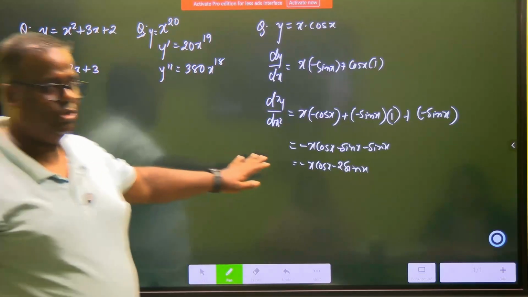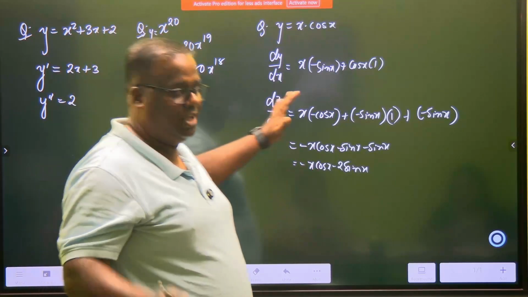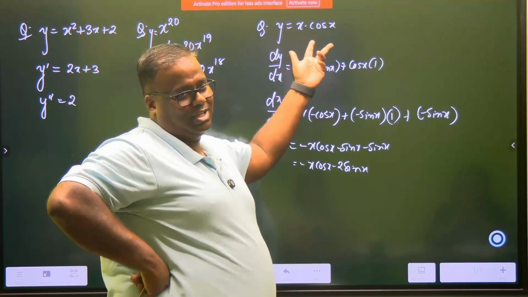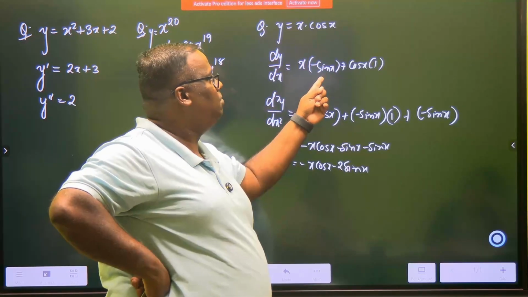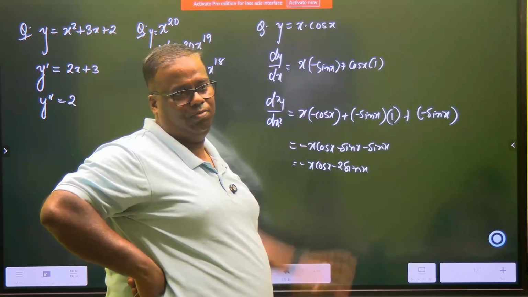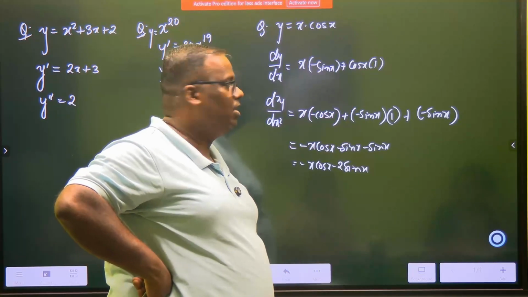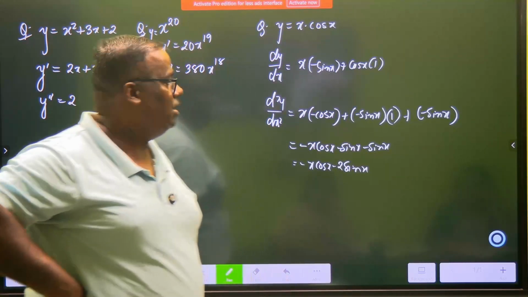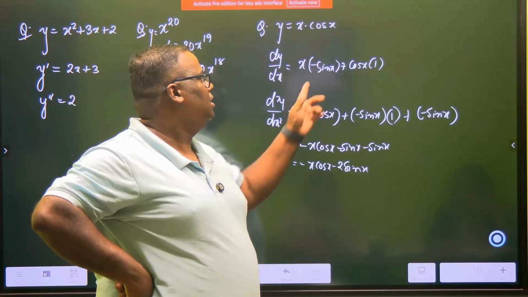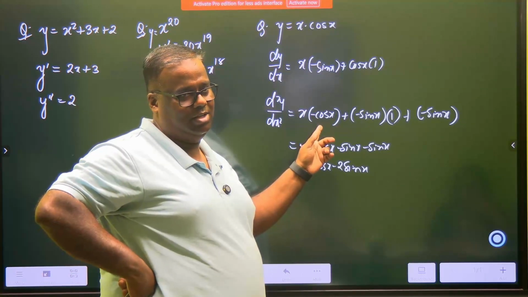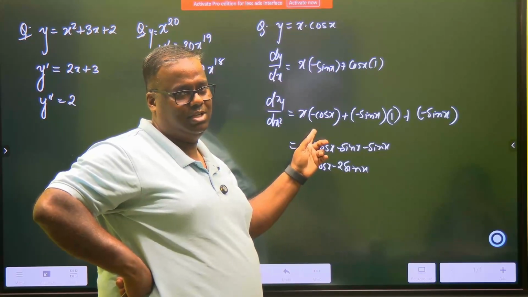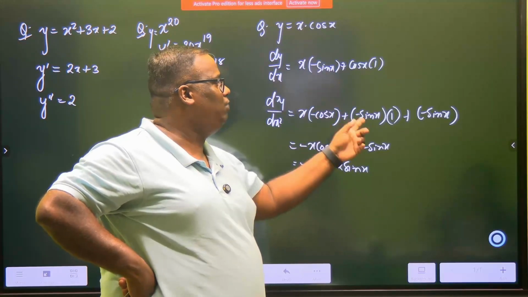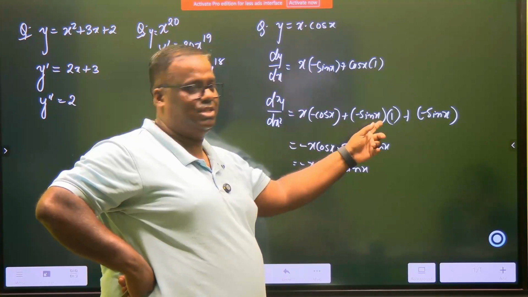Did you understand this one, or you want me to break it down? Okay, let's see. X cos x, first derivative: first function into differential of second plus second function into differential of first. Is this fine? Second order derivative: first function into differential of second, ddx of minus sine x is minus cos x, plus second function into differential of first.